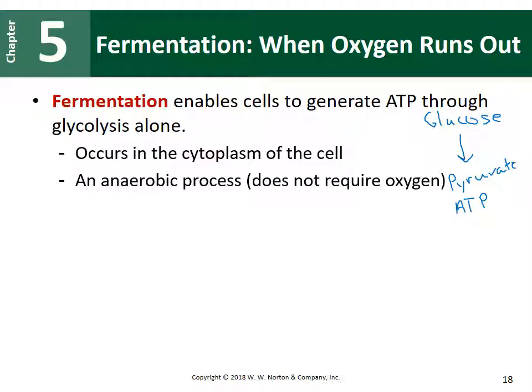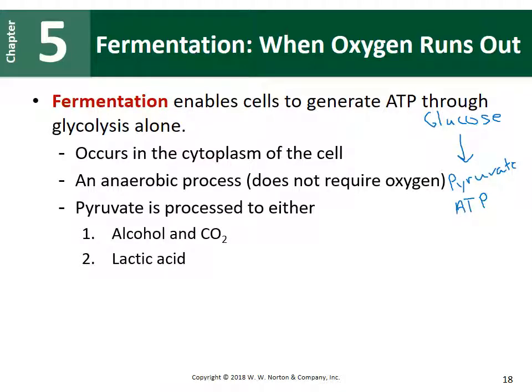So if oxygen is available, that pyruvate will go into the mitochondria and go through those other two stages, the Krebs cycle and oxidative phosphorylation. If oxygen is not available, that pyruvate will be processed into alcohol and carbon dioxide, which is what bacteria and yeast do.